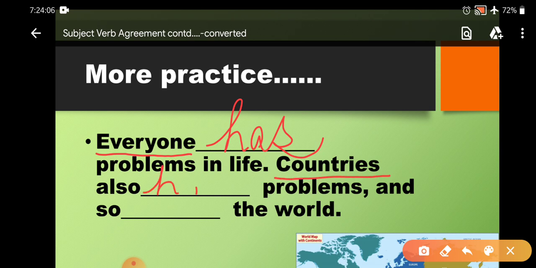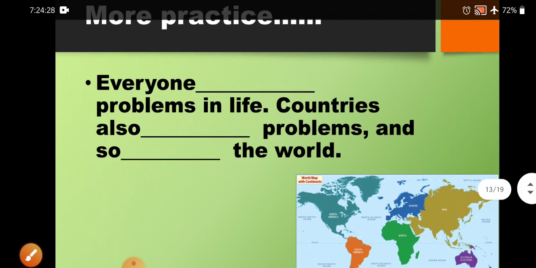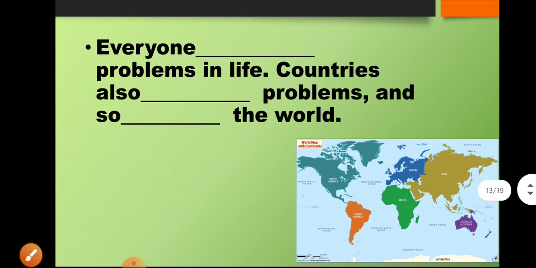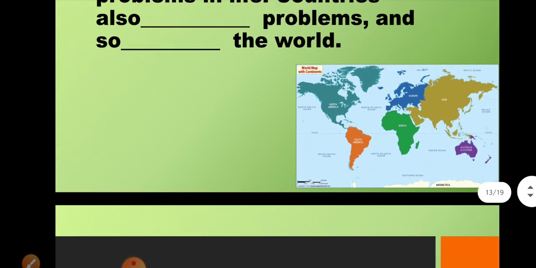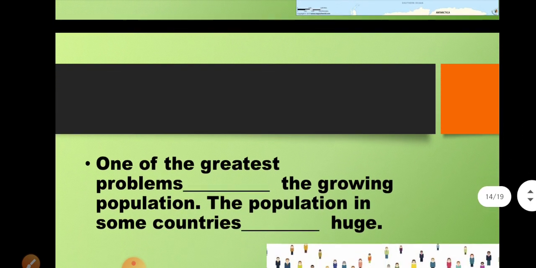Countries also have problems, and so dash the world. The world is singular, one world, and this is an inverted sentence, and so has the world. So it is: everyone has problems in life, countries also have problems, and so has the world.